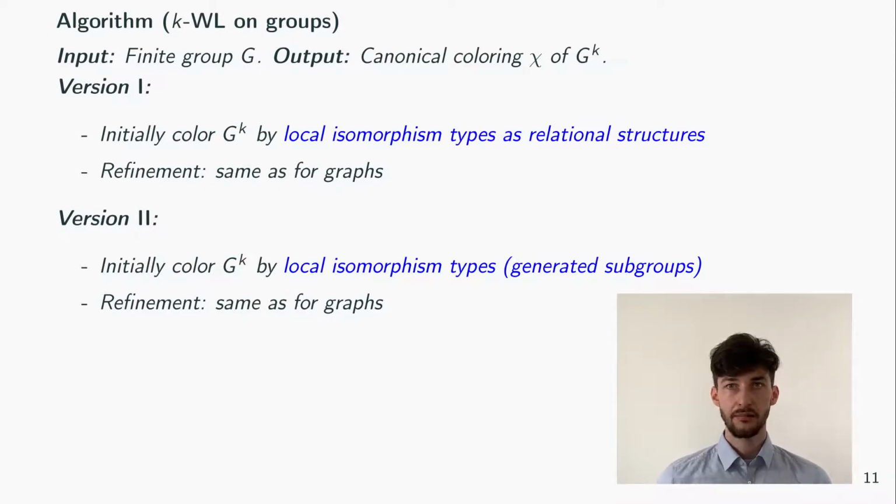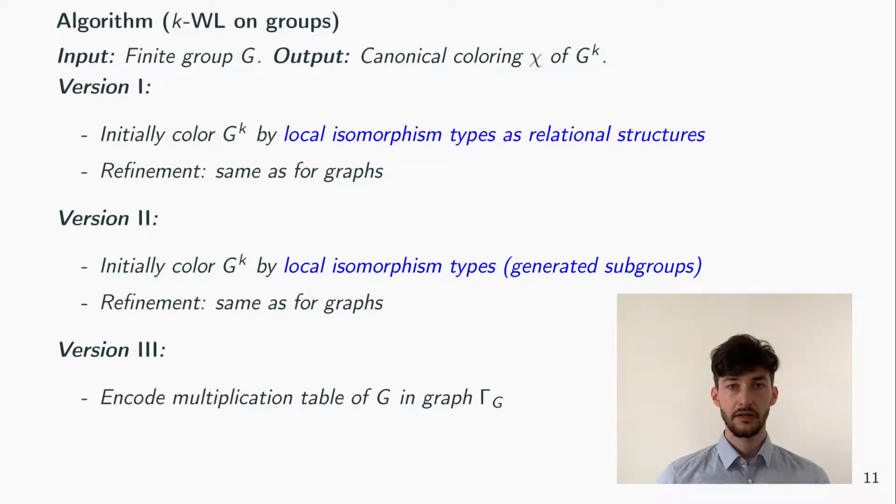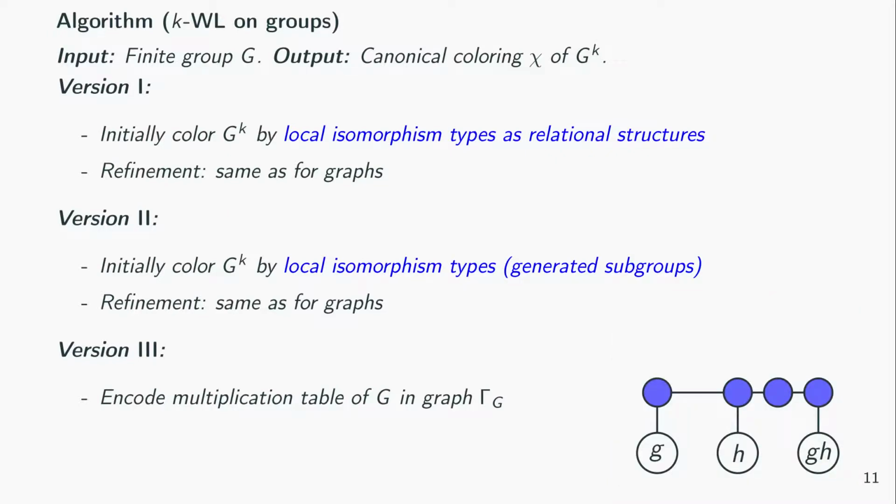And the refinement step then will basically look the same as for graphs. And then we can even define a third version. Namely, we can first encode the multiplication of G in this graph Gamma_G. Remember the multiplication gadget, which I've shown you in the introduction. And then we also could use k-dimensional Weisfeiler-Leman refinement on this graph to obtain information about group elements.